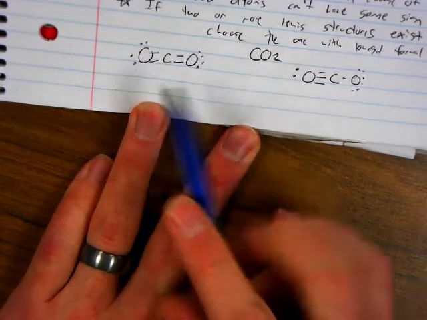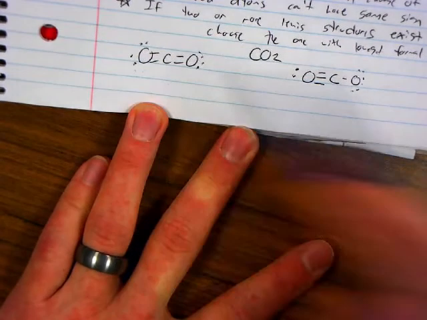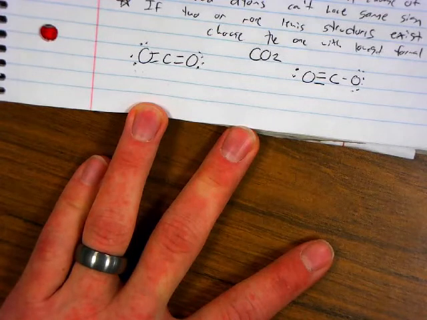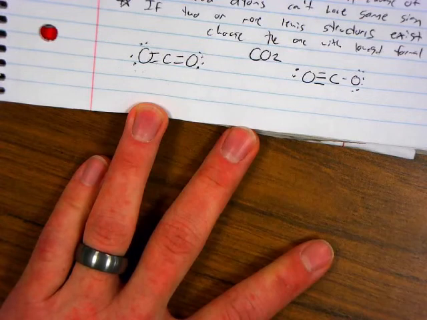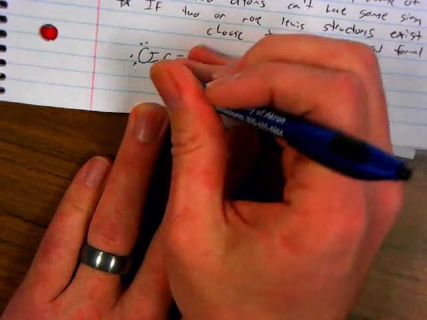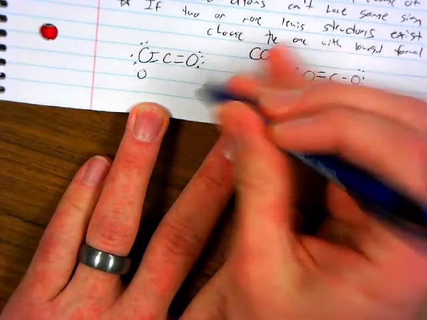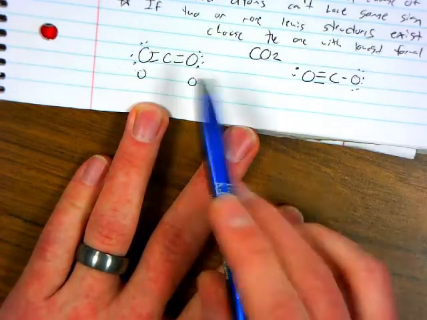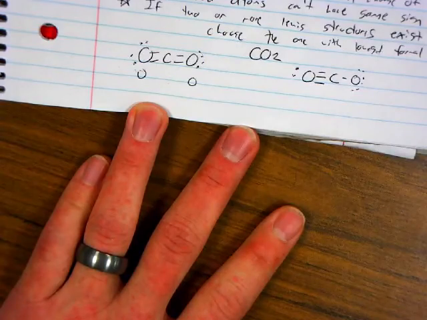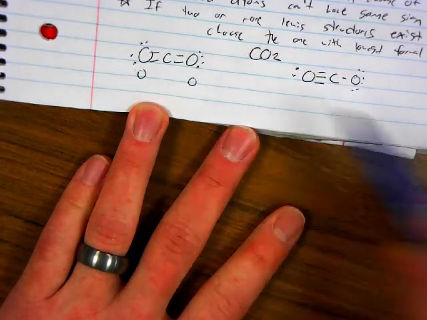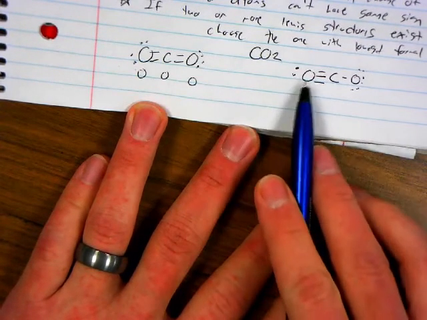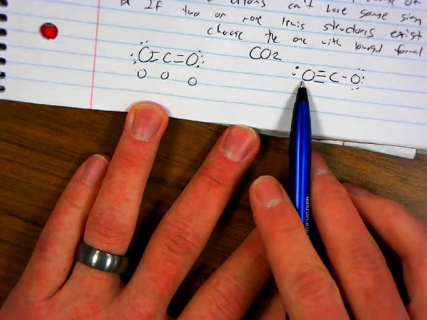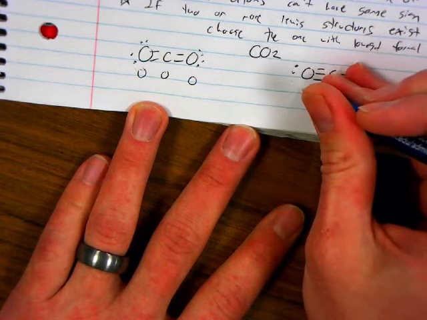formal charge. So, this oxygen has how many valence electrons total? 6. How many does it own? 2, 4, 5, 6, right? 6 minus 6 is? 0. So this one's going to be the same, also 0. Carbon has how many valence electrons? 4. How many does it own? 4. All zeros. Over here, though, oxygen has 6.